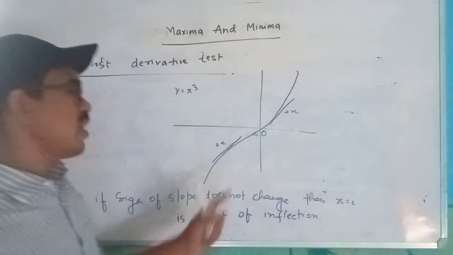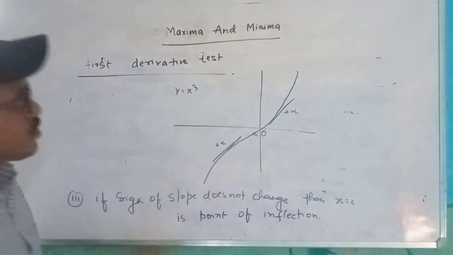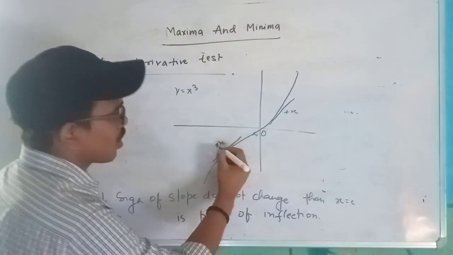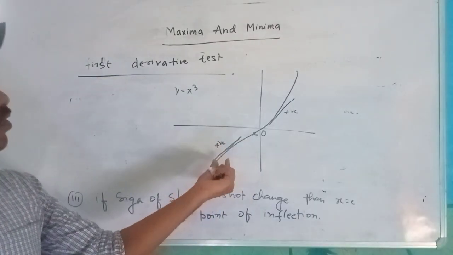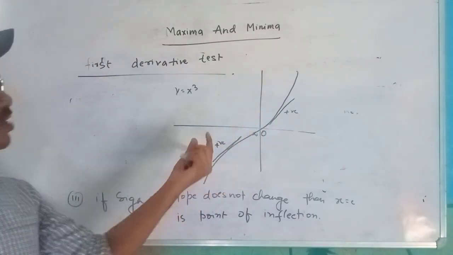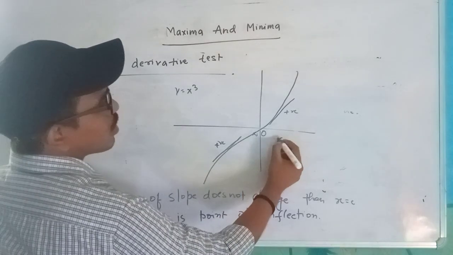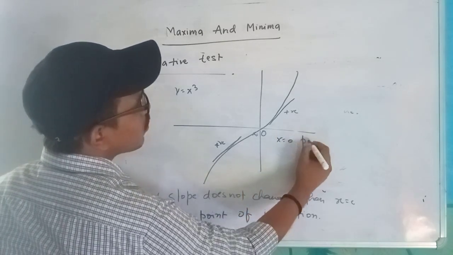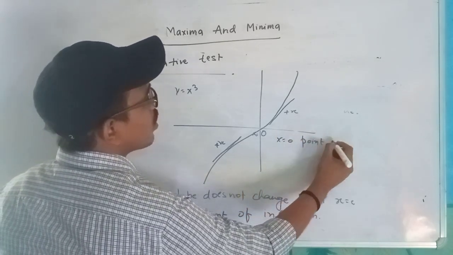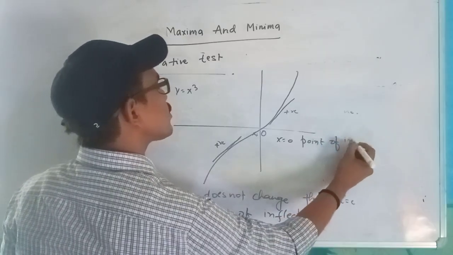So while passing through the point O, the sign of slope of the graph does not change. In such a case, we can say that x is equal to 0 is a point of inflection.